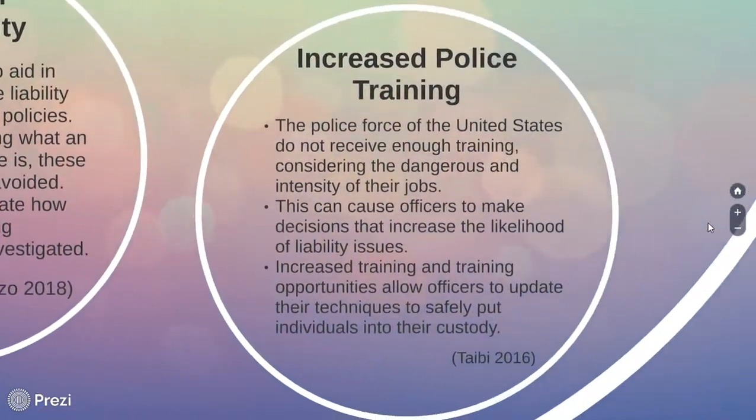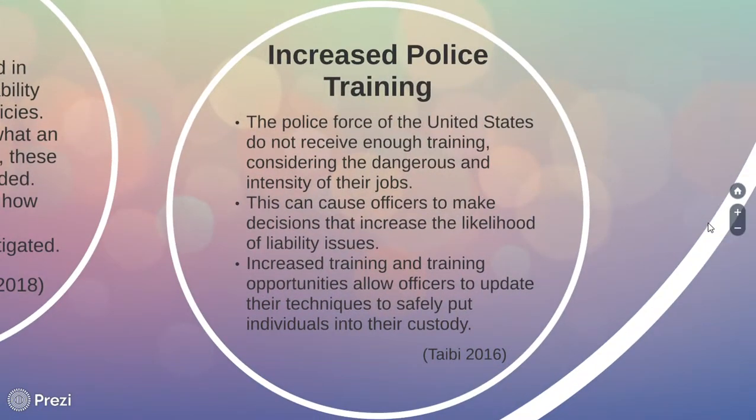Additionally, our police force needs more training. When you do not have proper training, you do not have the ability to make quick, on-the-spot decisions safely and with everybody's best interest in mind. The average U.S. officer receives about 19 weeks of training. This is incredibly low compared to other countries.